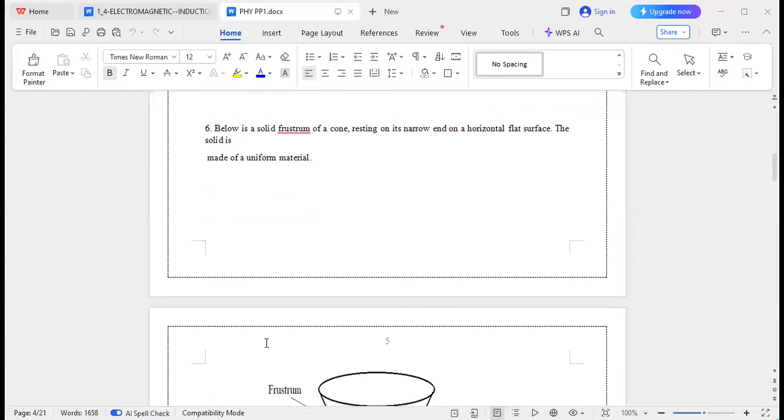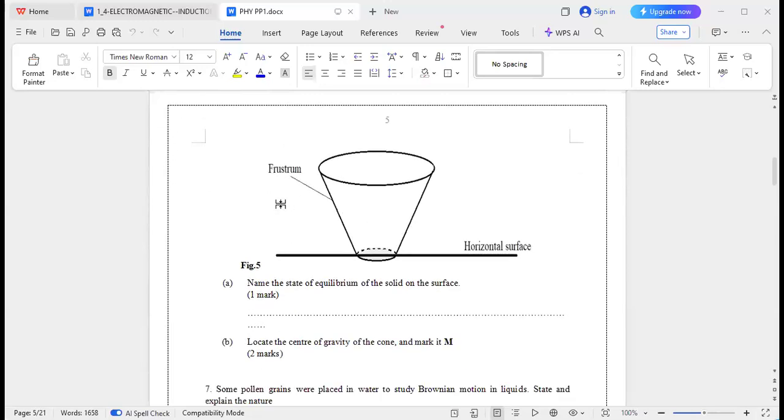Question 6. Below is a solid frustrum of a cone resting on its narrow end on a horizontal flat surface. The solid is made of a uniform material. Name the state of equilibrium of the solid on the surface.